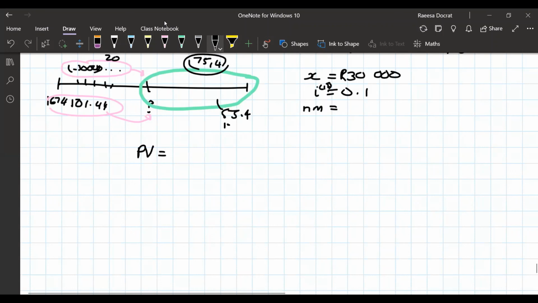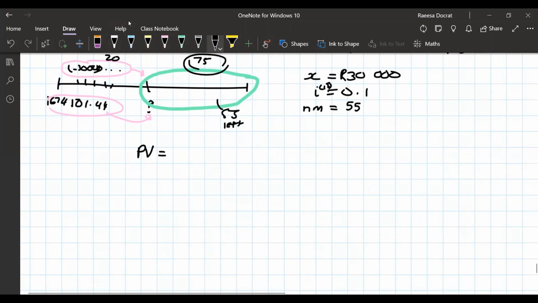If she's made 20, she's going to have 55.4 left. We're going to work with the full payments, so we're going to leave out the 0.4. So we're going to calculate the present value of those 55 payments.